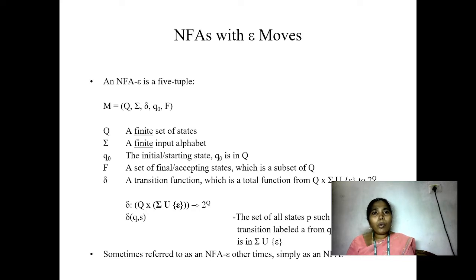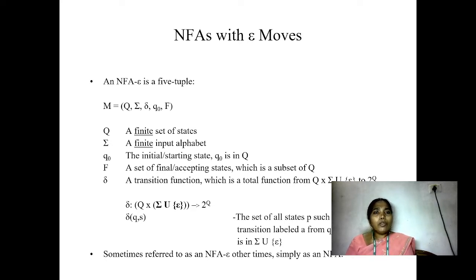As you all know, NFA is a non-deterministic finite automata having a 5-tuple Q, sigma, delta, Q naught, F. Sigma is a finite input alphabet. Along with the sigma, if the input is 0, 1 or a, b, we have epsilon as another input.